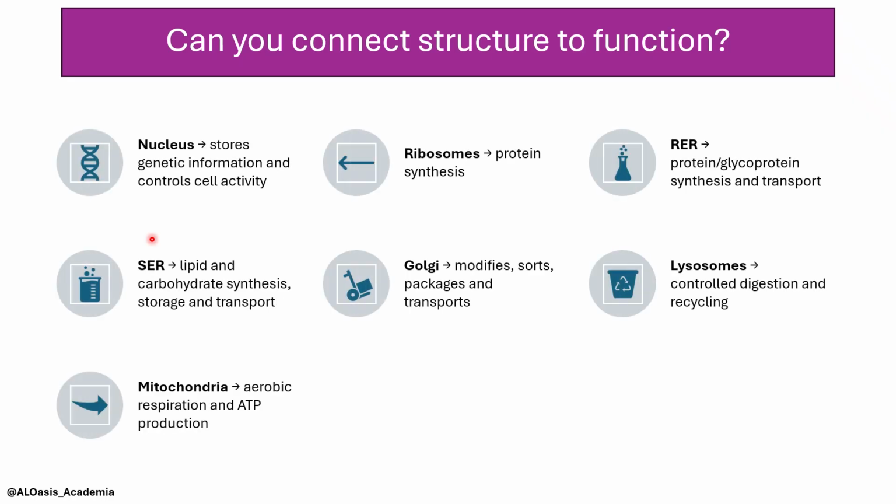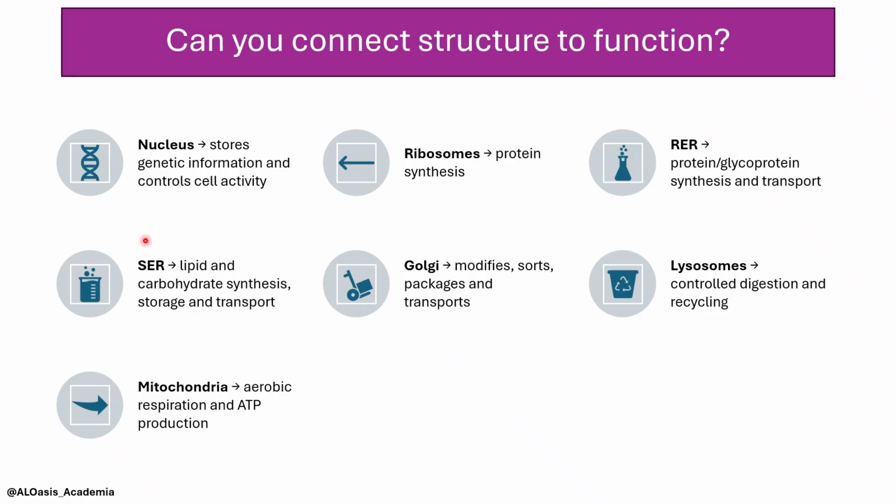To wrap up, this is a summary of the most important functions of each of the organelles. Nucleus, it's important for storing genetic material and controls cell activity. As we said, it acts as a center of control because of the DNA that it has and stores. Ribosomes, important for protein synthesis. Rough endoplasmic reticulum, important for protein and glycoprotein synthesis and transport.